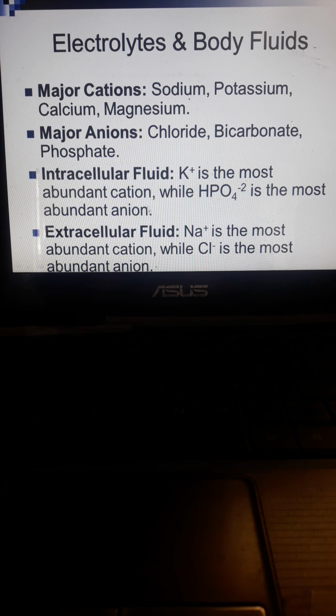Intracellular fluids are the fluids found in the cytoplasm. In the extracellular fluid, sodium is the most abundant cation, extracellular meaning outside the environment of the cells, while chloride is the most abundant anion in extracellular fluid.